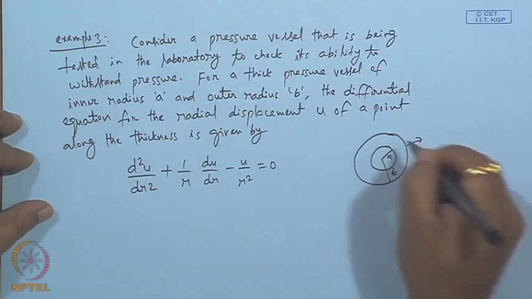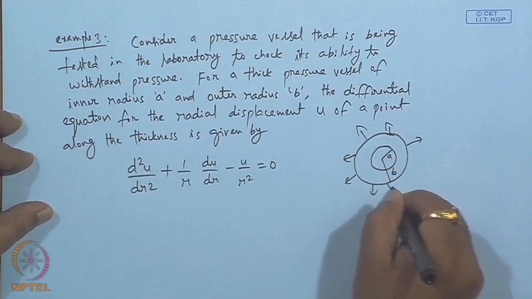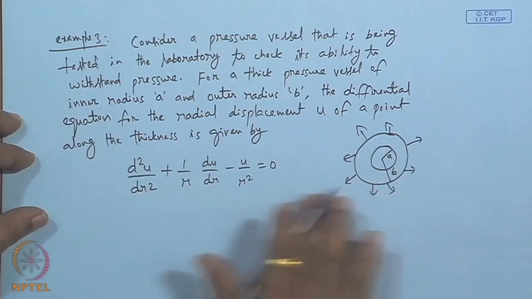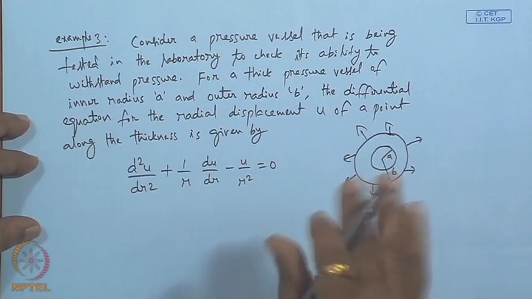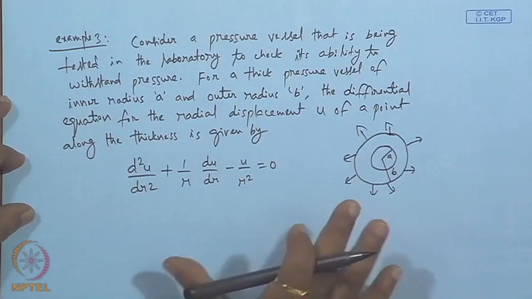The radial displacement along the thickness is just a function of r, radially, because we are testing for the pressure. It is a tube kind of thing.